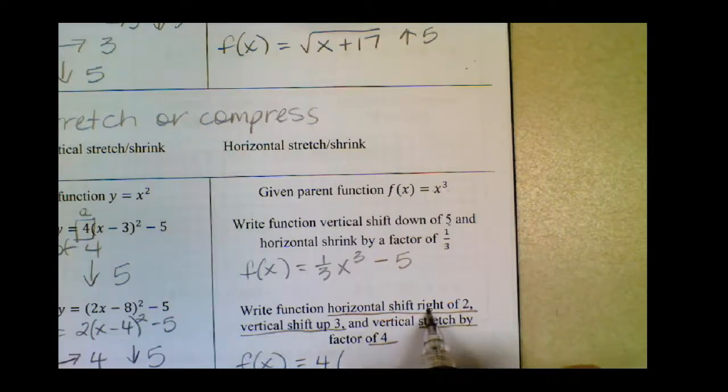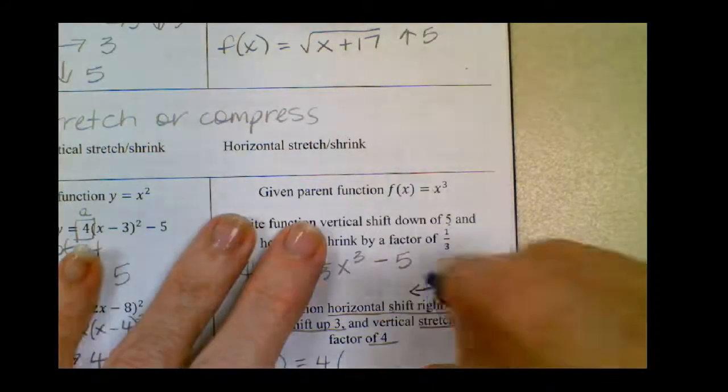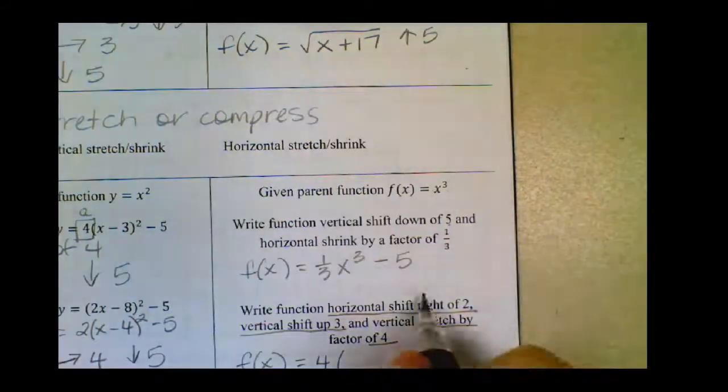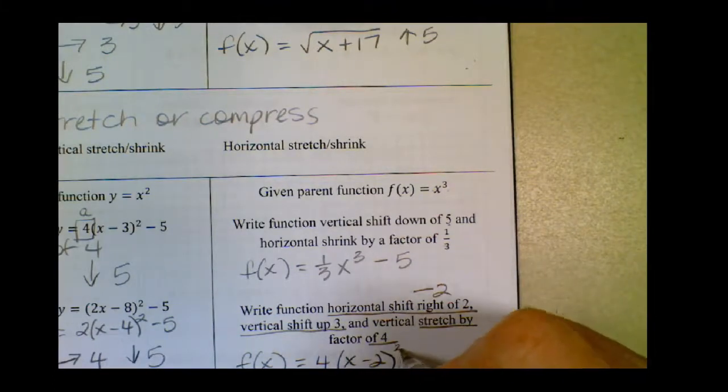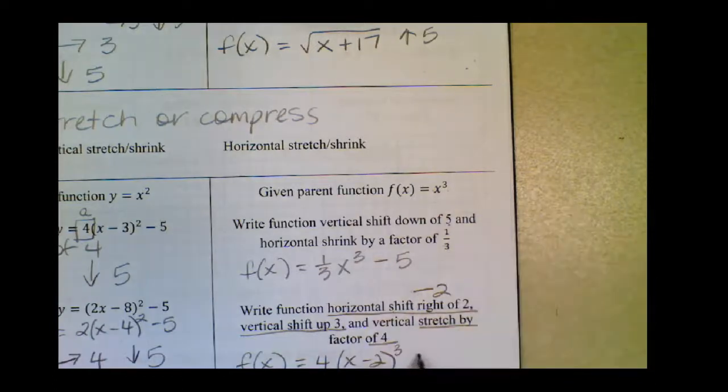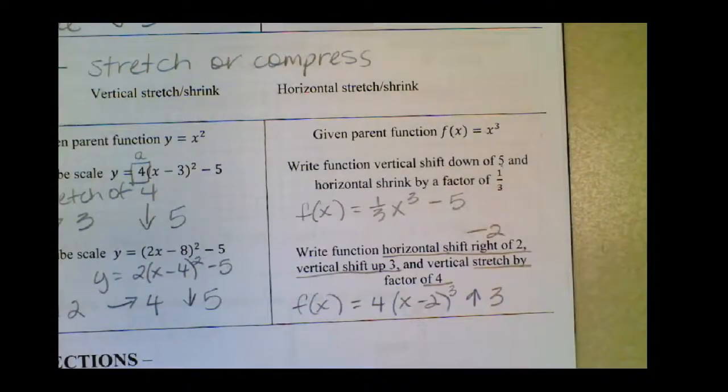So if it's moving to the right 2, it's a negative 2 within those parentheses because it always does the opposite. And that's cubed, and then we're going to have a vertical shift up of 3. Hopefully this is all coming back to you. This should not be completely new.